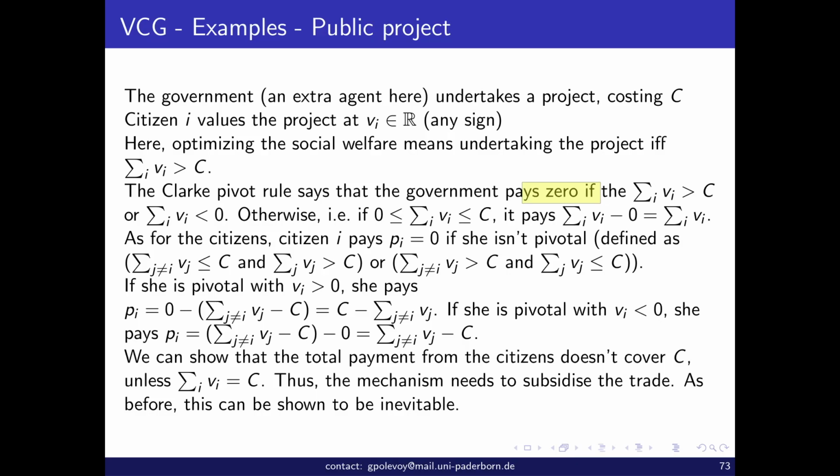Then without the government, I mean, without taking into account the government cost, of course, the option of choice would be to build the thing, because it gives something positive.